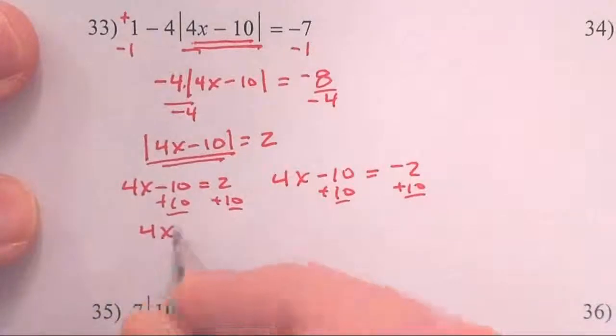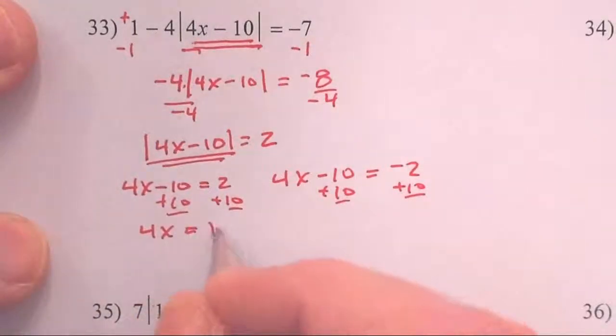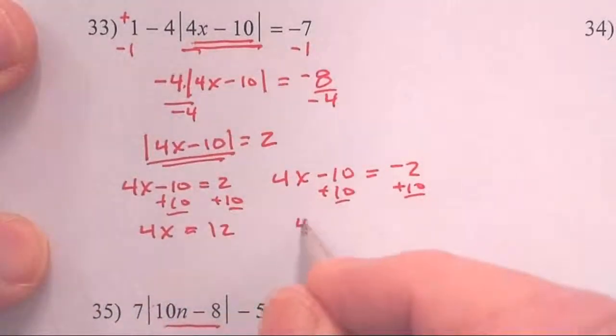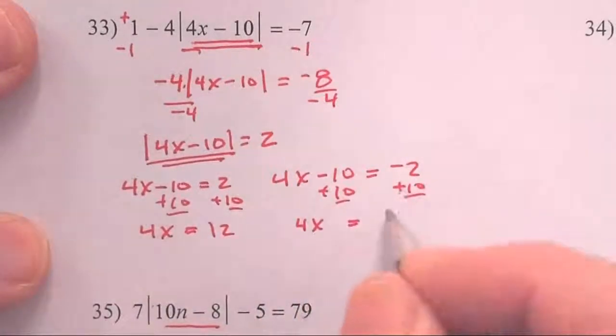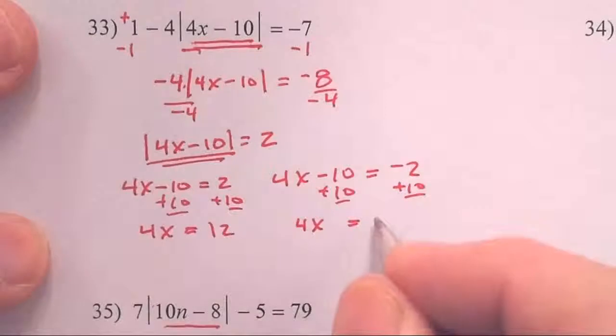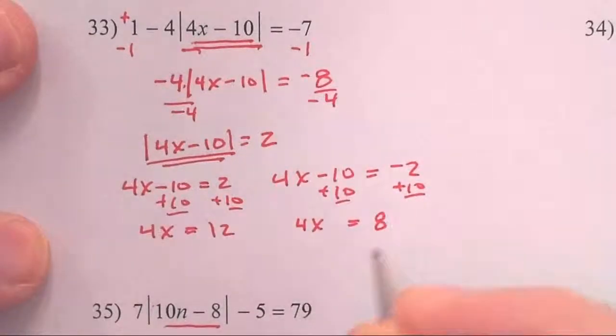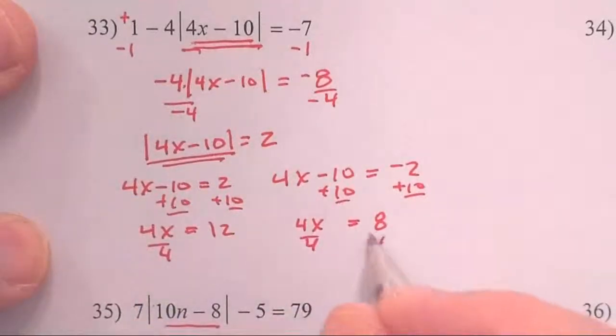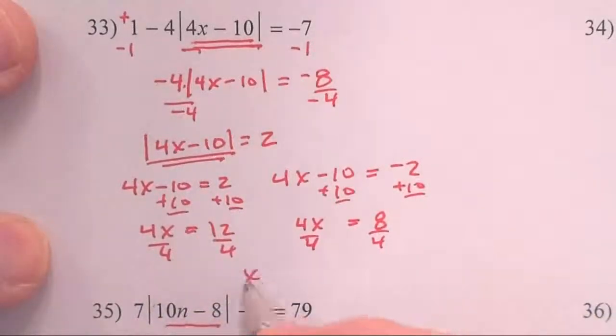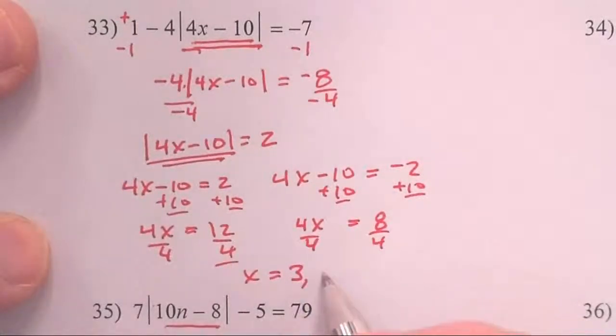So I get 4x equals 12, and 4x equals negative 2 plus 10, which is 8. Divide by 4, and I get x could be 3 or x could be 2.